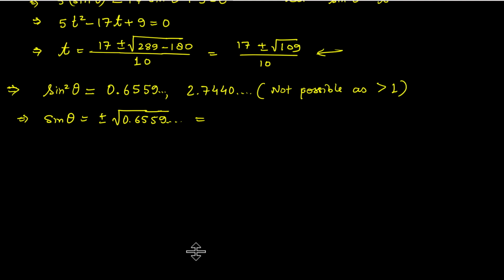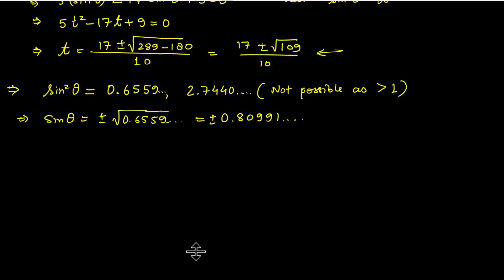I will actually use the answer key rather than entering the square root of 0.6559 and so on. So I'm putting this in the calculator and I'll get 0.809919 and so on.